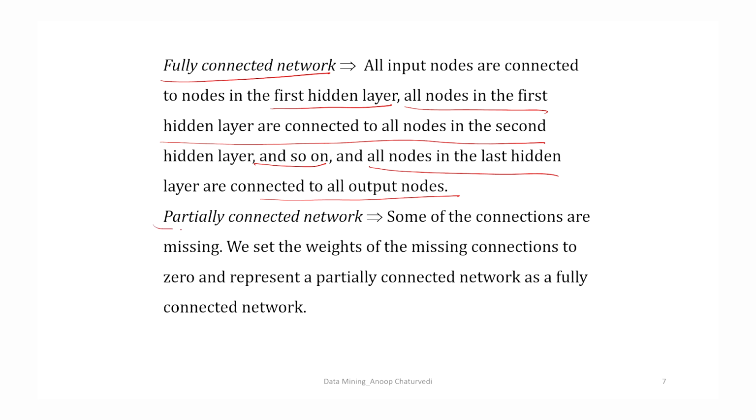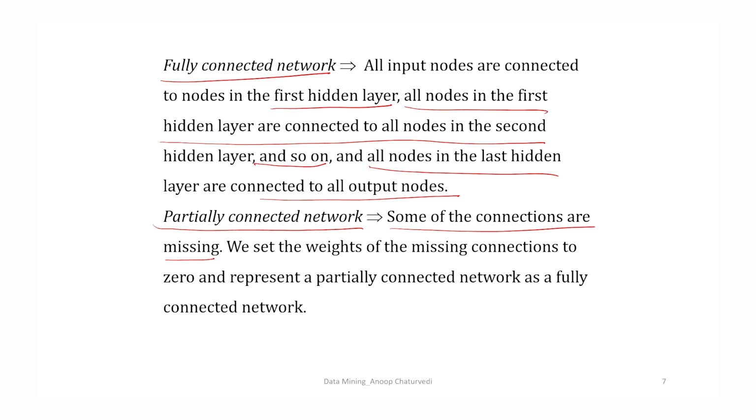Partially connected network. In a partially connected network, some of the connections are missing, and you may set all those missing connections as 0. So, if the connection between two nodes is missing, then you say that those nodes are not connected, or the network is not fully connected.